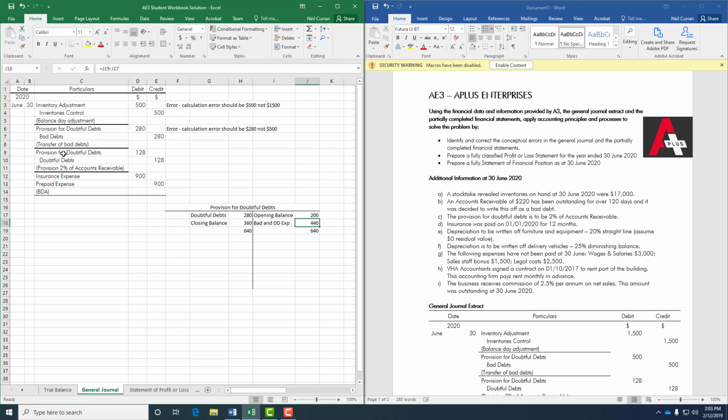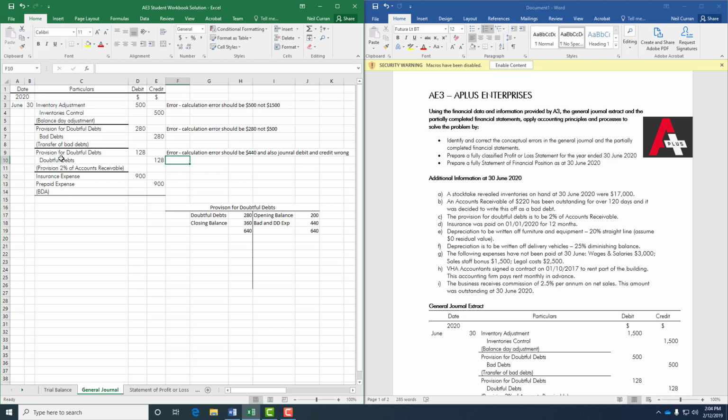Okay, so this one here has got two errors. One is the actual amount, and also these are around the wrong way. So we're going to put here error, calculation error, should be $440, and also journal debits and credits wrong.